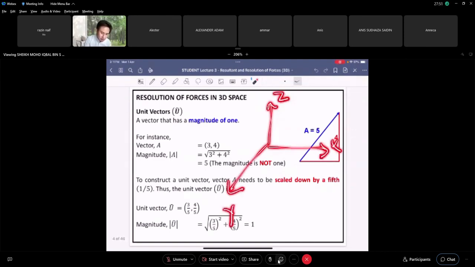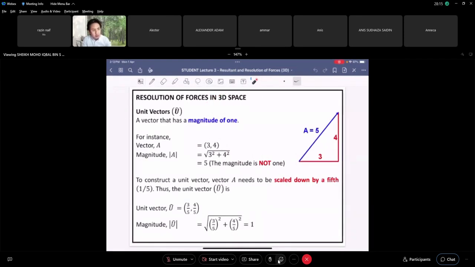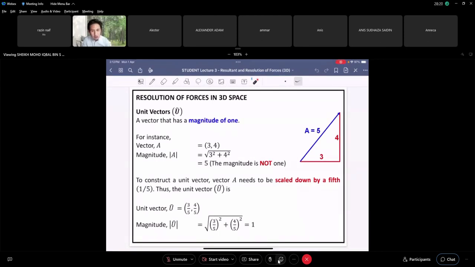If a force is somewhere here, we don't really know the direction of it unless we attach a unit vector onto that force. Then we will be able to gauge the direction of the force. Just remember, this is just 3 dimension. In physics or mathematics, sometimes they have 4 dimensions, fifth dimension, sixth dimension, and so on.